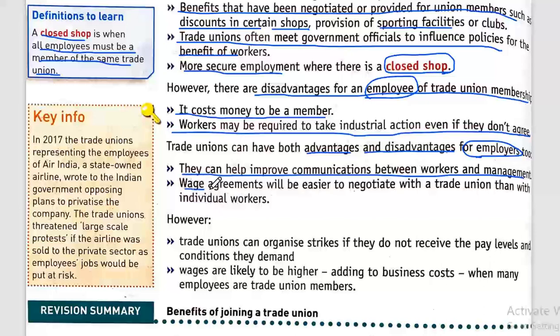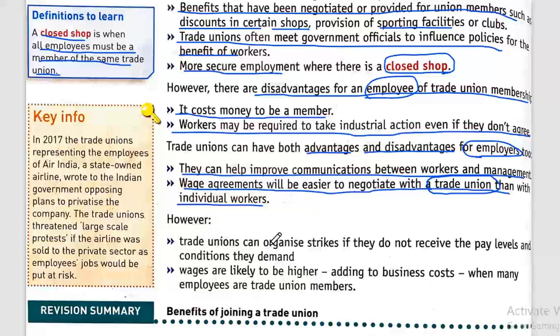And number two, wage agreements will be easier to negotiate with a trade union than with individual workers. So if the workers want higher wages, something related to the payment part, it's better to talk with a representative in the trade union rather than talking to each worker individually.